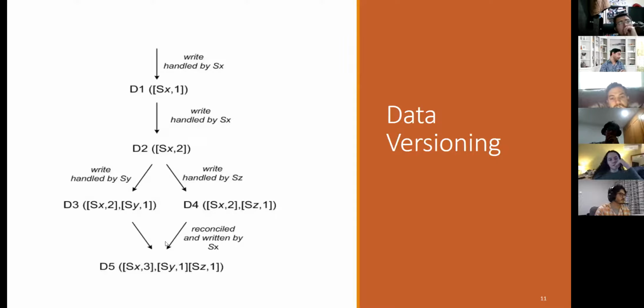So this is how we notice that here is the SX number 3, because that follows the number 2. And for each D that we are creating in the system, there is a vector clock assigned for every event.